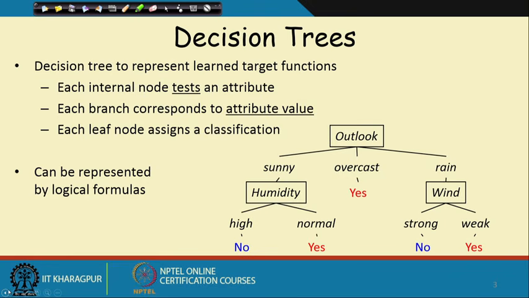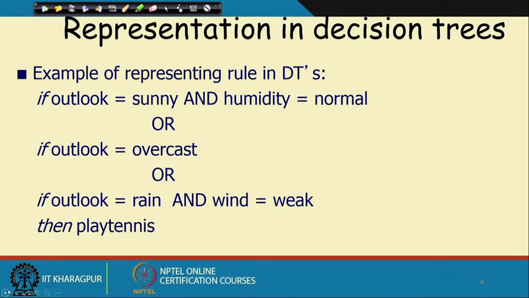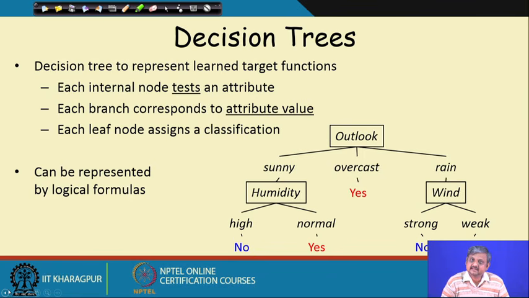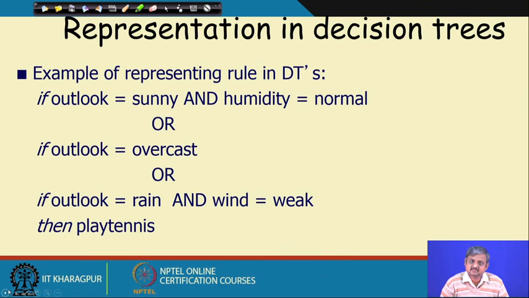If you look carefully, this tree can be represented by some simple Boolean logic function of this particular form. So, if you look at this tree and try to write it as a set of if then else rules, this is what we get.